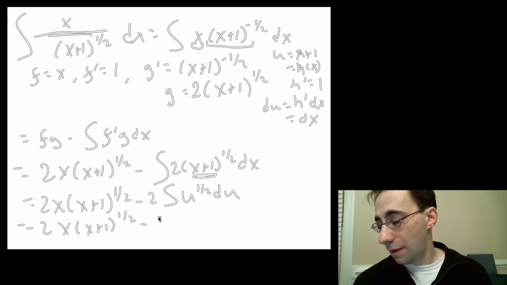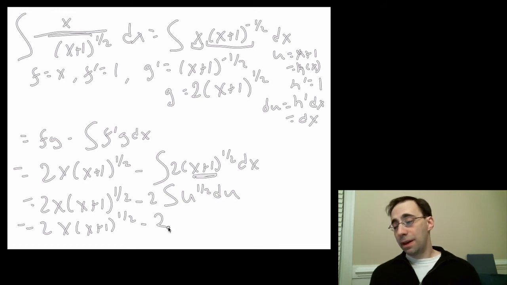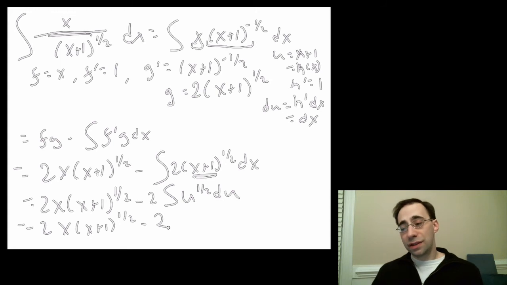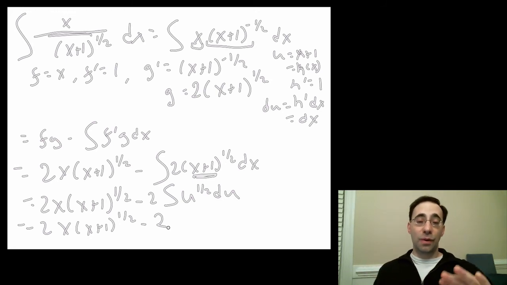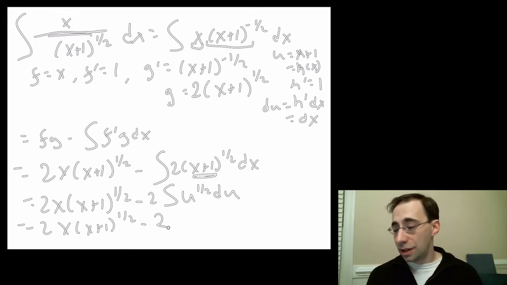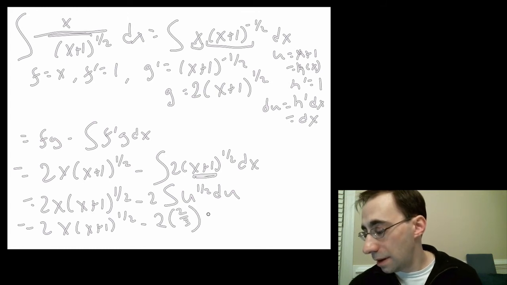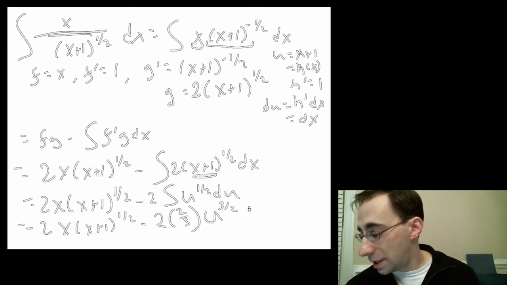The integral of u to the 1/2, you add 1 to the exponent. That's 1/2 plus 1 is 3/2. You multiply by 1 over 3/2. That's 2/3. So you get 2 times 2/3 times u to the 3/2 plus c.